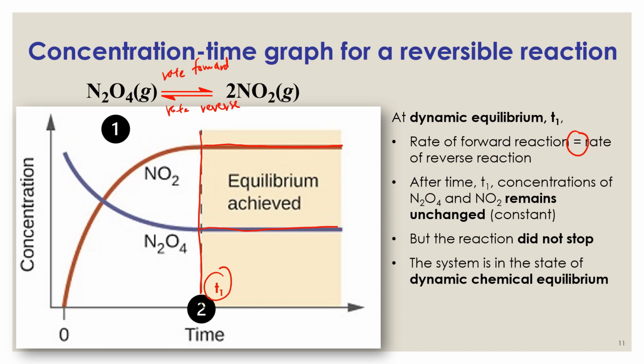Okay, ini bermaksud pembentukan ataupun formation of NO2 dan juga consumption of N2O4 in this chemical reaction akan berlaku dengan kadar yang constant. Okay, pembentukan masih akan berlaku dan penggunaan N2O4 juga masih akan berlaku. So hence the reaction will not stop. So at this point T1, the system is said to be in dynamic chemical equilibrium.